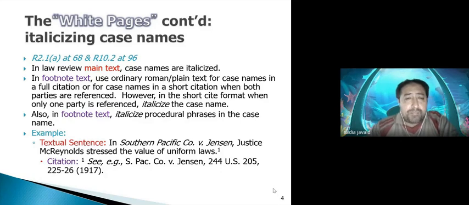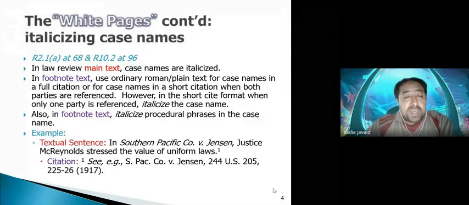So Americans still focus on justice, and they give importance to the judicial system as well. So the Blue Book system is very important. Blue Book style, research method or article method, is very important.